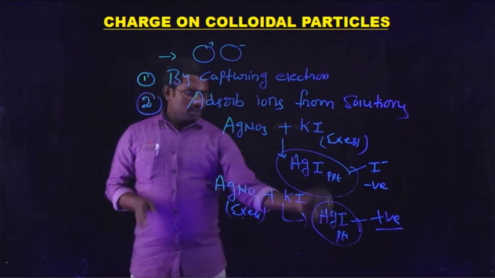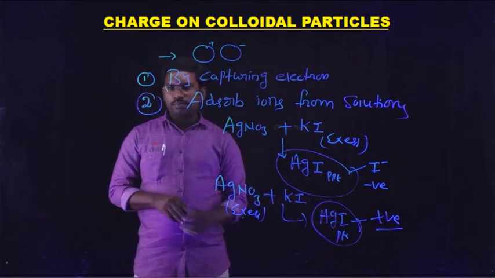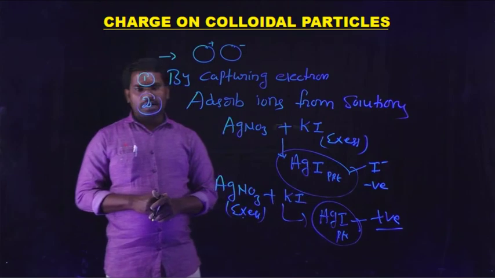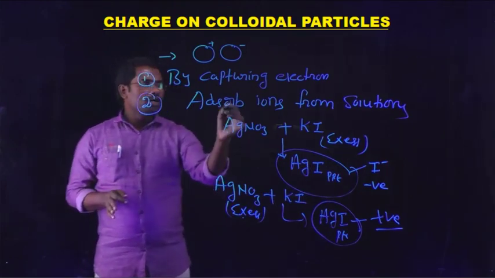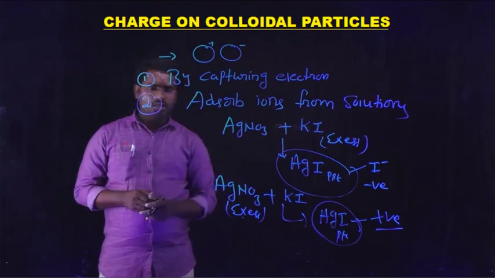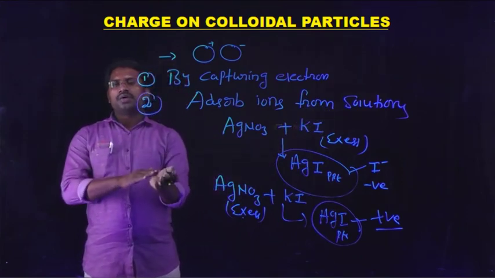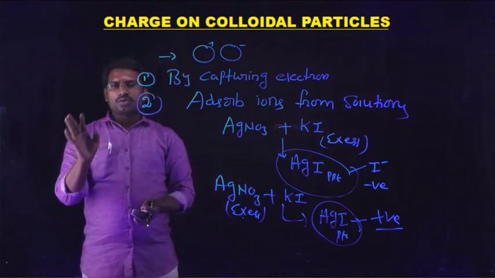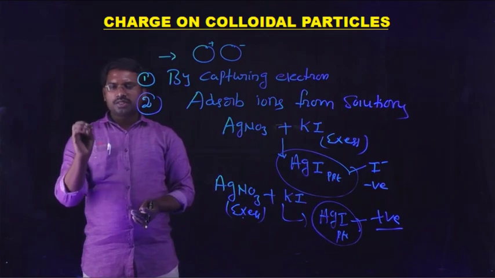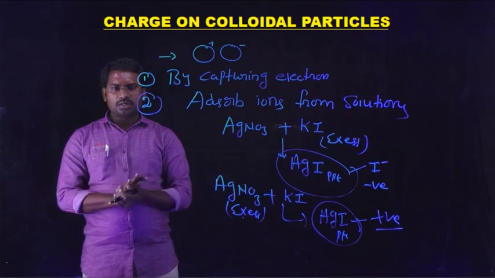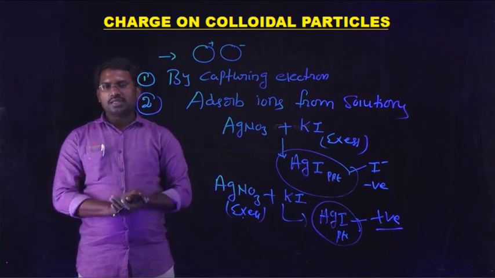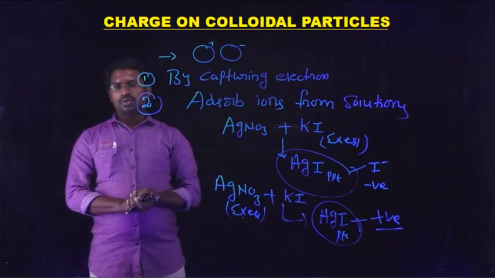Therefore, the aqueous solution of silver iodide contains positively charged colloidal particles. So, based on this principle, adsorption of ions from solutions, either positive ions or negative ions, colloidal solutions have positively charged or negatively charged particles. This is how the charge is present on a given colloidal solution.